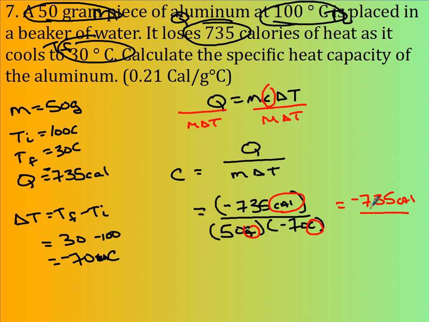And then 50 times 70 is 3500. And this is grams Celsius. And it's negative because of that negative sign right there. Now 735 divided by 3,500 tells me that this is 0.21 calories per gram Celsius.